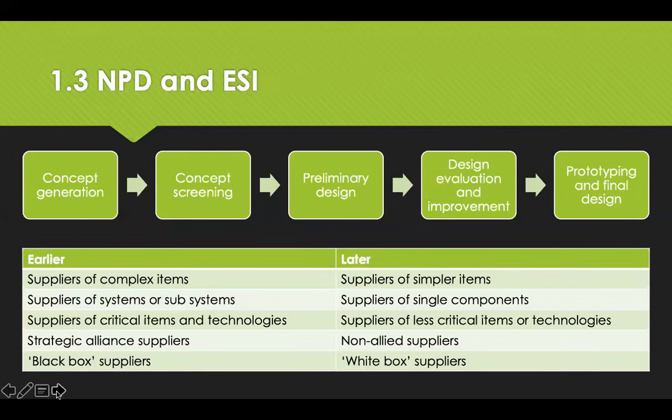So, should suppliers be involved at the earlier stages, or should they be involved at the later stages? Suppliers that are generally involved in the early stage of the process are involved in complex or critical items, or if they're strategic or black box suppliers, whereas suppliers of simpler, less critical items are generally involved later in the process.